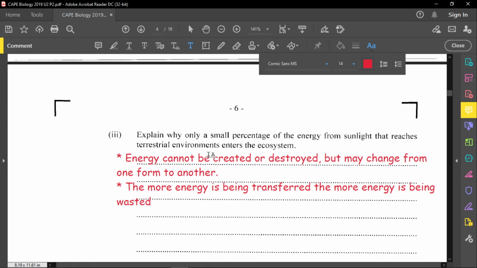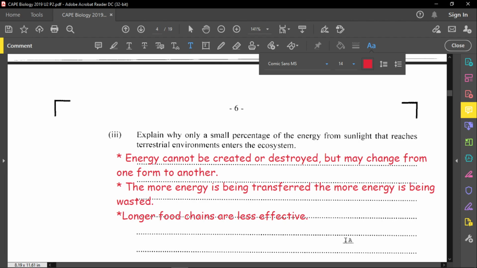So that's very important to note: the more energy is being transferred, the more energy is being wasted. And the third and final point I want to make is that longer food chains, for the reason I mentioned in the second point, are less effective. All right, so just make a note of that.